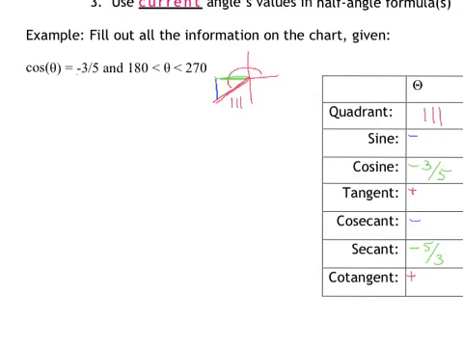One is to use the unit circle. And so if I make this a unit circle, then the value that was told to me is the horizontal, the negative 3/5. And if this is a unit circle, then the radius of this is 1.